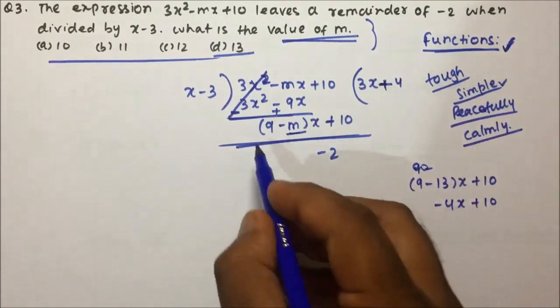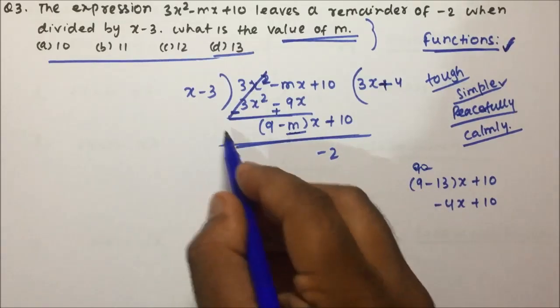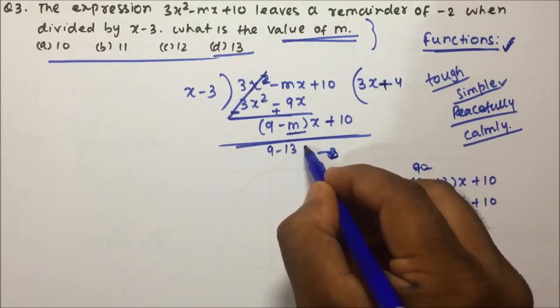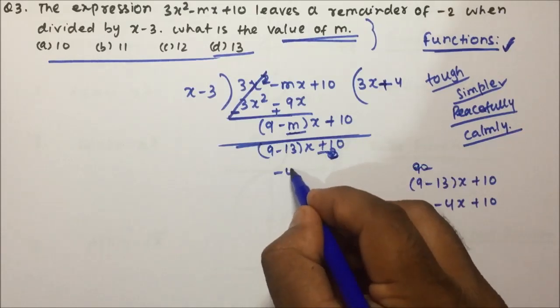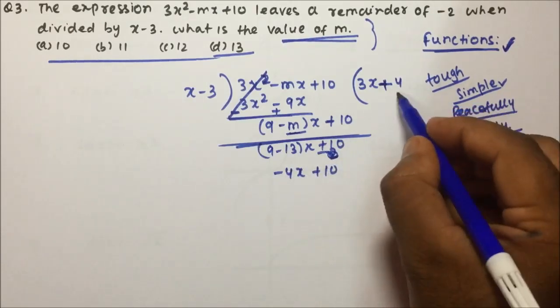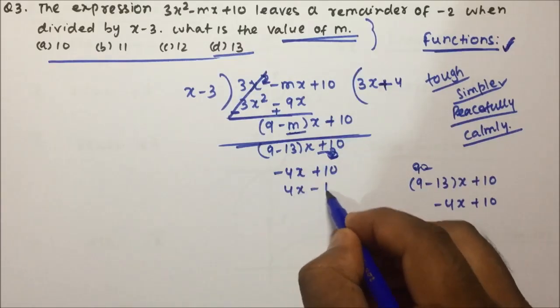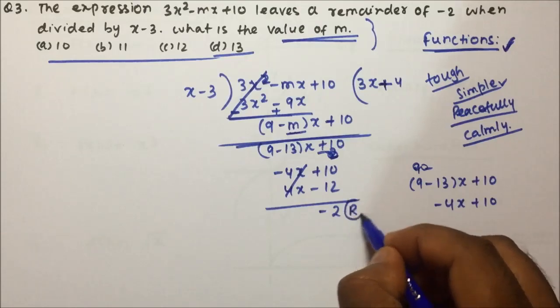Plus 4. Then you see friends here, I have kept the m value 13. So this will become 9 minus 13 of x plus 10, which is nothing but minus 4 of x plus 10. Now when I am multiplying with plus 4, then this will become 4x and minus 12. Now if we add, then we will be getting remainder equal to minus 2.